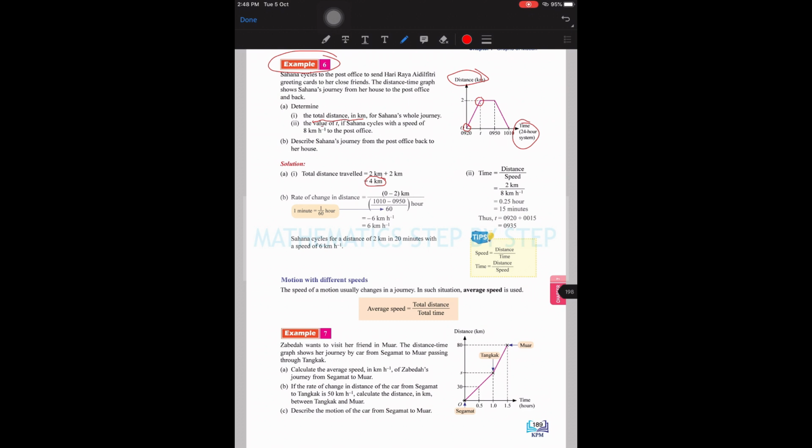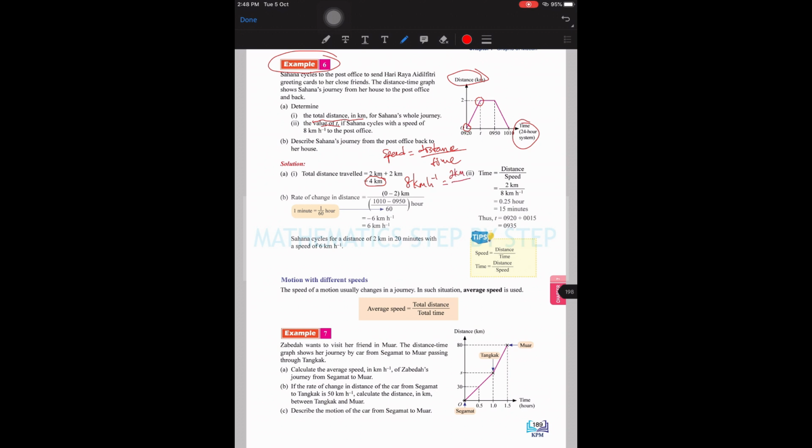Then part 2, the value of t if Sahana cycles with a speed of 8 km per hour to the post office. So we are given the speed now. So speed equals distance over time. The speed now is 8 km per hour. Distance is 2 km.